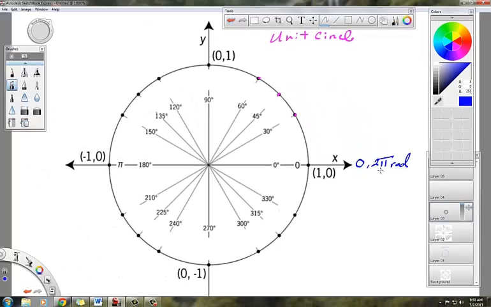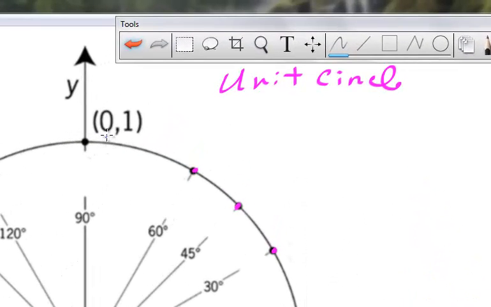So if this is 2 pi, and I spin 360 degrees around, and that's 2 pi radians, then 1/2 of a turn would be pi. And 90 degrees, anybody? Pi over 2 would be equal to 90. I can actually put that right there.